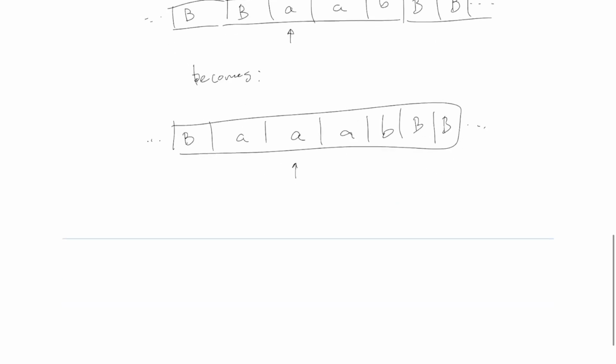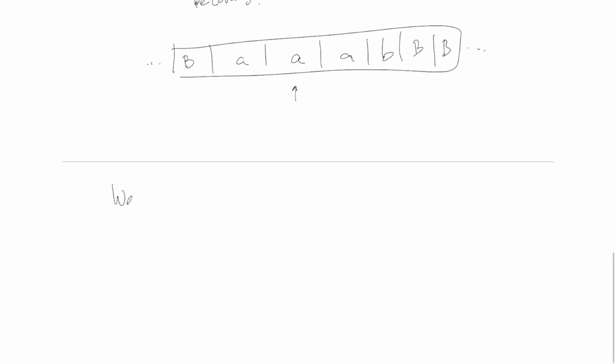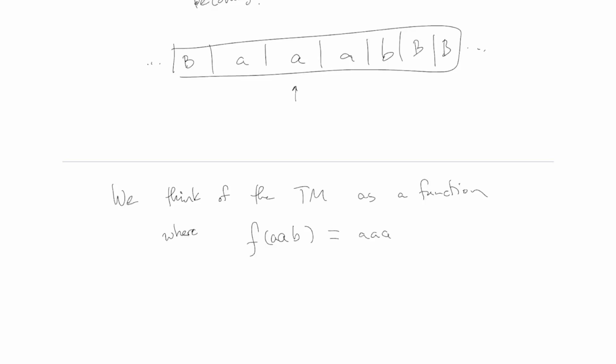So here we can think of this Turing machine as a function, where apparently this function looks like this: f of AAB, that's what we started with, and the answer was AAAB. I'm thinking of this machine as a function.